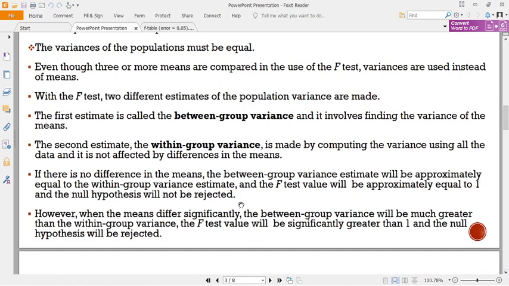So if there are no differences in the means, the between group variance estimate will be approximately equal to the within group variance, and the test value will be approximately 1, and in that case we do not reject the null hypothesis. However, when the means differ, or when the between group variance is much greater than the within group variance, the F-test value will be significantly greater than 1.